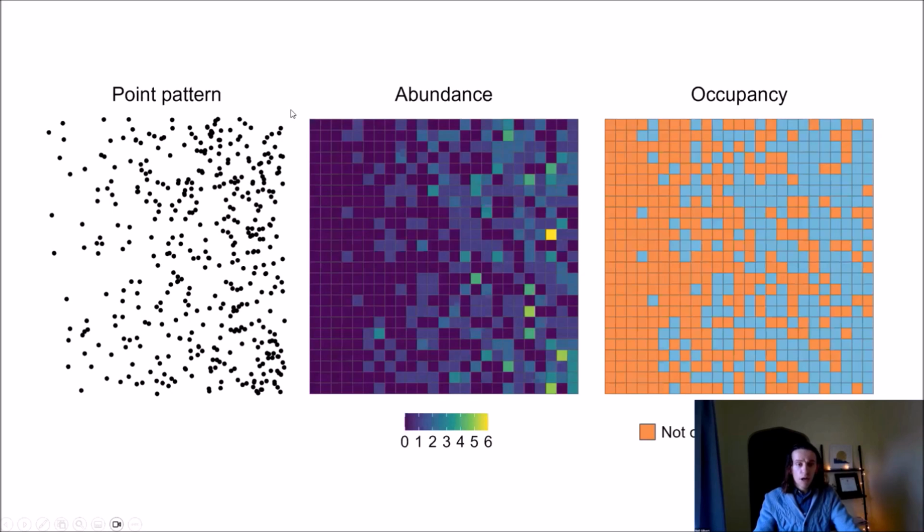Those are continuous space applications, and they can be quite computationally expensive. So, especially if we're doing broad scale modeling efforts, it really helps to make space discrete and work in the realm of abundance or occupancy. And I think these quantities, abundance and occupancy, are exactly what we're interested in estimating or predicting with species distribution models.